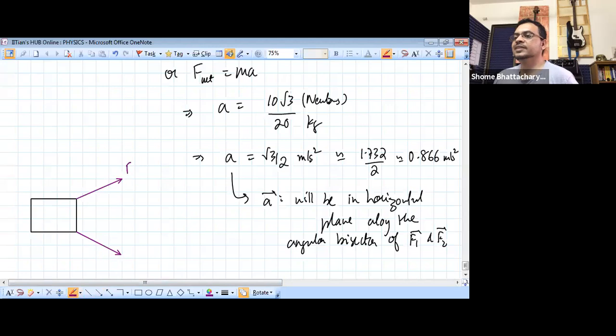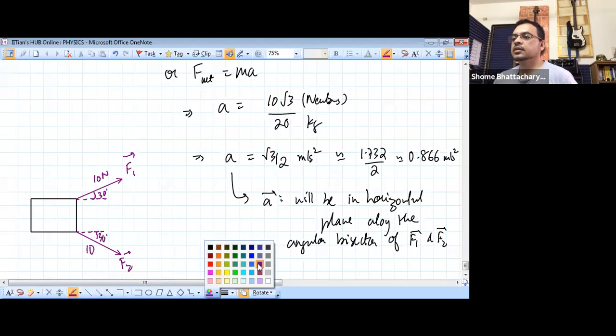Both of 10 newtons each, but both acting like this at 30 degrees to this, at 30 degrees to this. So we can see that the acceleration vector will be along this symmetry line. It bisects the angle between the two forces.